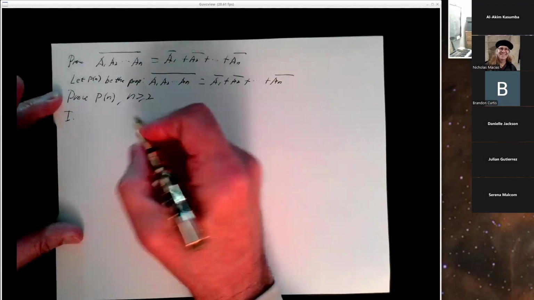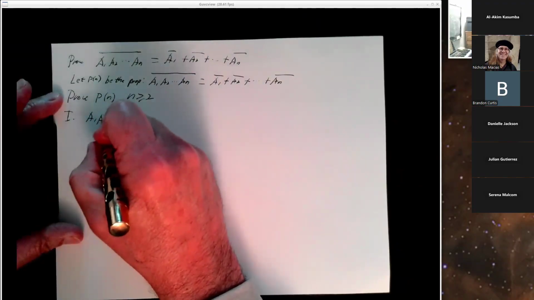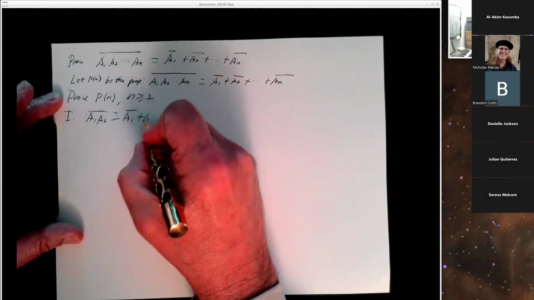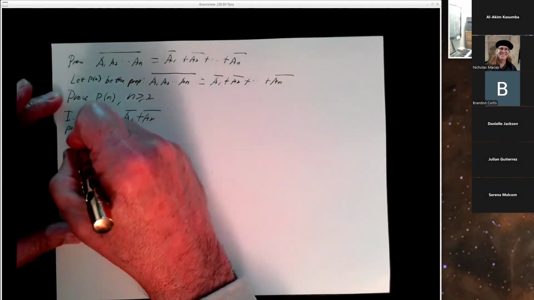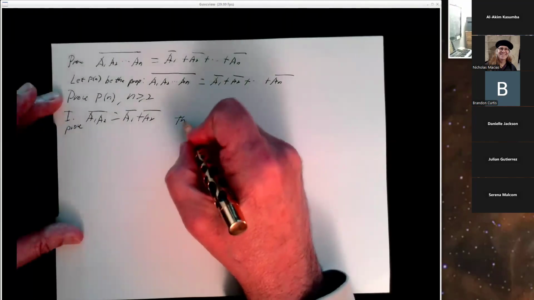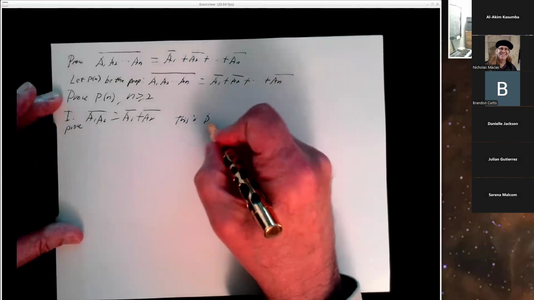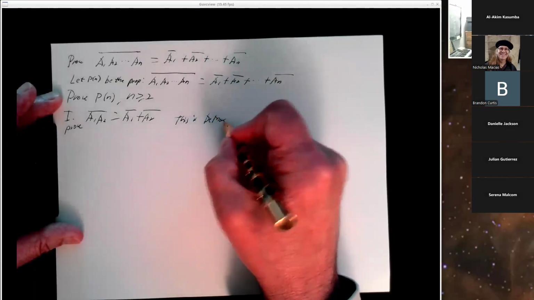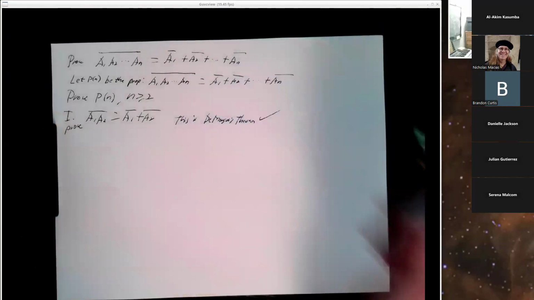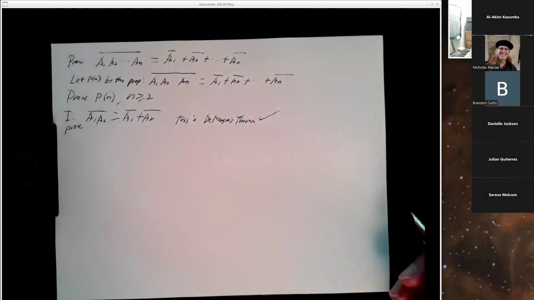So our base case, we need to prove this. And this is true because this is De Morgan's theorem. And we know De Morgan's theorem is true.